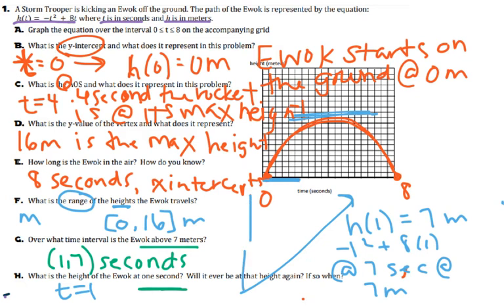The thing that I love about this question is it really used almost every single part of the graph. It used the y-intercept, it used the axis of symmetry, it used the y value, the max or min value, in this case, the maximum value. It talked about how long it's in the air, which is basically asking you from x-intercept to x-intercept, how much space does that take up. It asked us about the range. It's asking us to look at the graph and analyze when the graph physically goes above 7, and it asks us for a specific height at a given time.